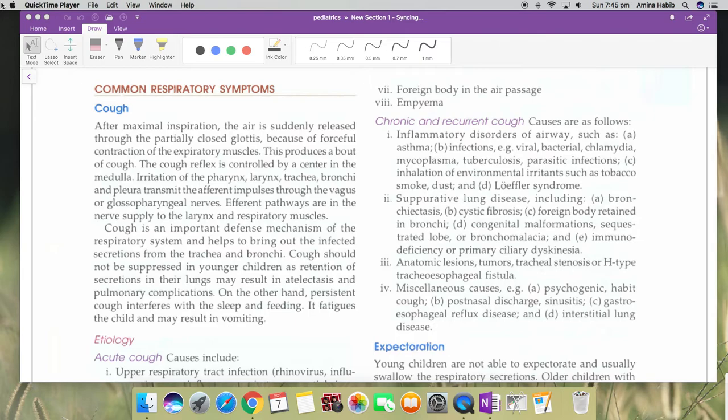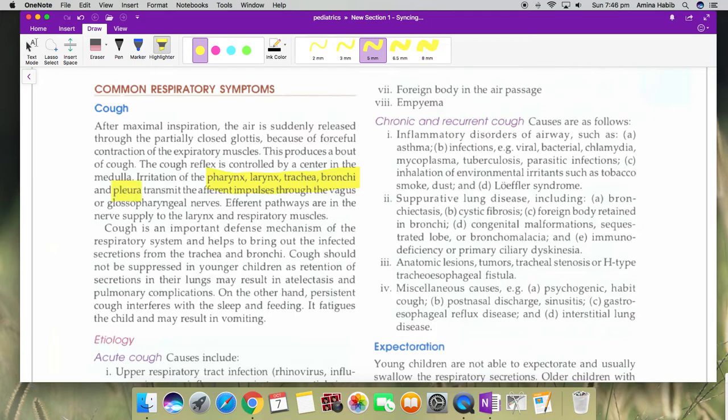So in cough, the first paragraph is not much important. They're just telling the physiology, how it happens. What you have to remember here is this line, that the cough reflex can be generated from anywhere, like the pharynx, larynx, trachea, bronchi, and pleura, mind you.